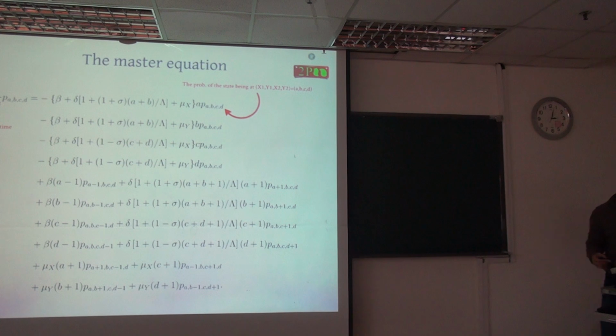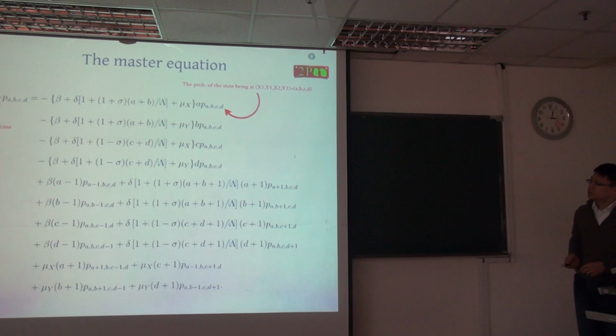The left-hand side is the derivative with respect to physical time. The change of a probability is equal to the sum of these probabilities with certain states. And the idea here is to say that my population scale here is large, this lambda is large but finite.